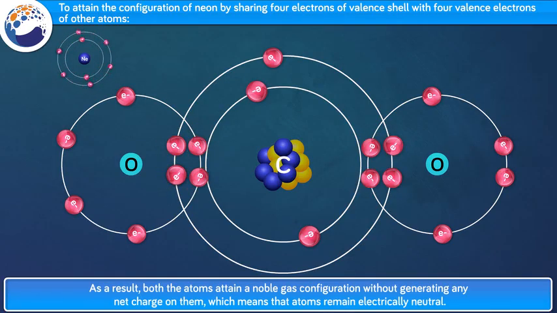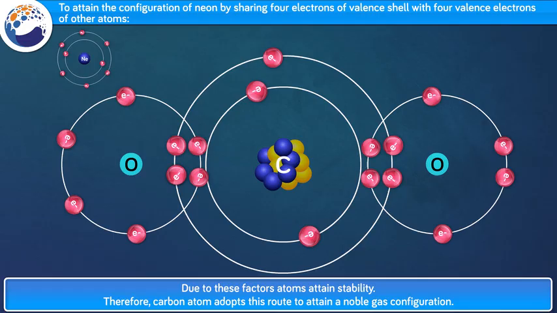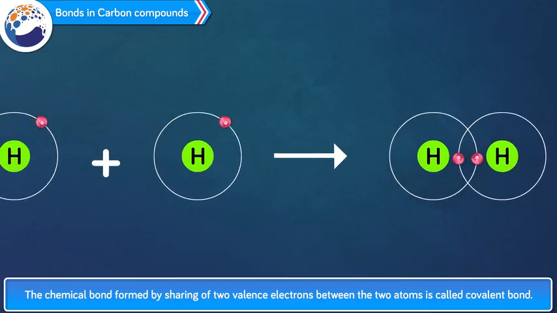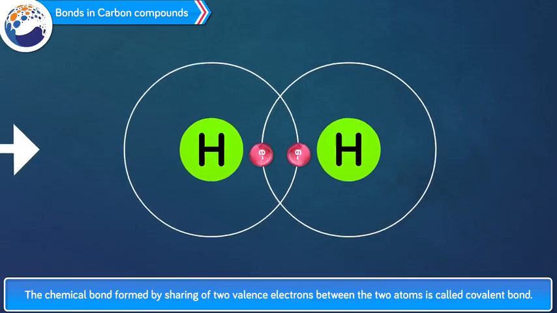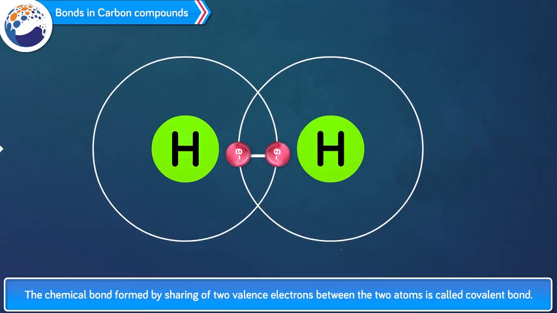As a result, both the atoms attain a noble gas configuration without generating any net charge in them, which means that atoms remain electrically neutral. Due to these factors, atoms attain stability. Therefore, the carbon atom adopts this route to attain a noble gas configuration. The chemical bond formed by sharing of 2 valence electrons between the 2 atoms is called a covalent bond.